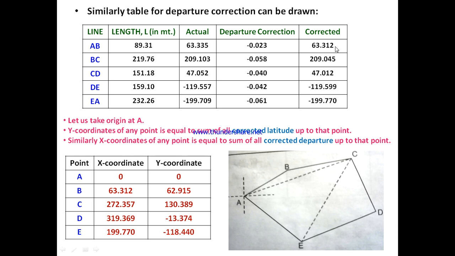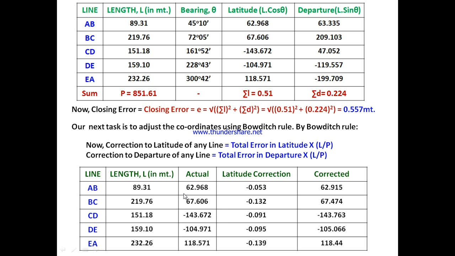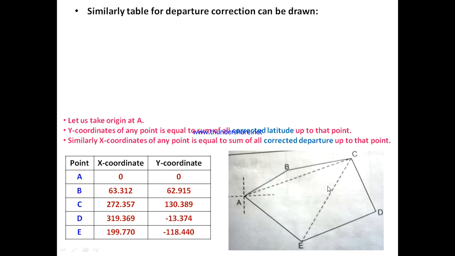So 63.312, which is the corrected value of departure, and 62.915, which is the corrected value of latitude. In this manner, you can see the corrected values.